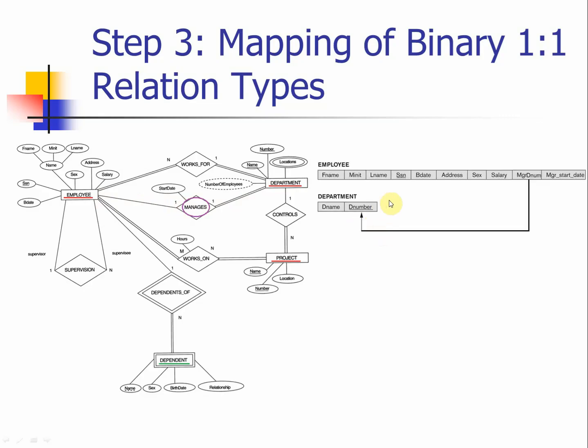The first choice is to use the employee side and take the other side's primary key, which is the D number. We take the D number, come in here, and make a foreign key that links to the department. So it is like we change this relationship into a foreign key in the employee and link that to the department entity.